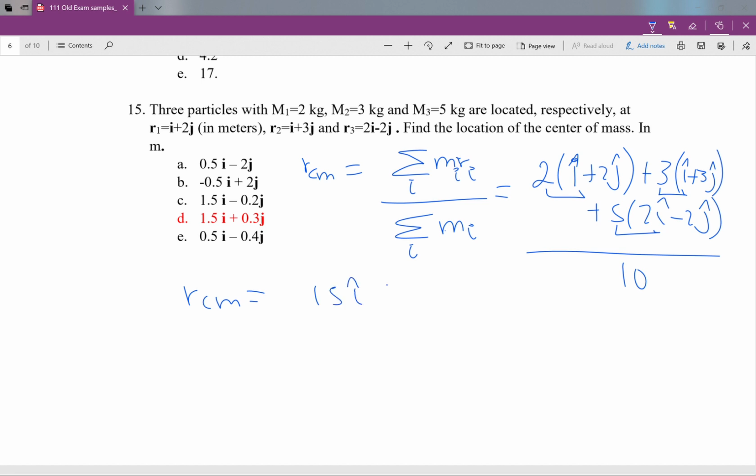And then, 2 times 2j hat is 4j hat, 3 times 3 is 9, 9 plus 4 is 13j hat, plus 5 times negative 2 is negative 10. So 13 minus 10 is 3j hat. All of that divided by 10. And that's going to be 1.5 i hat plus 0.3 j hat. That will be the location of the center of mass, and all of this is in meters, of course.